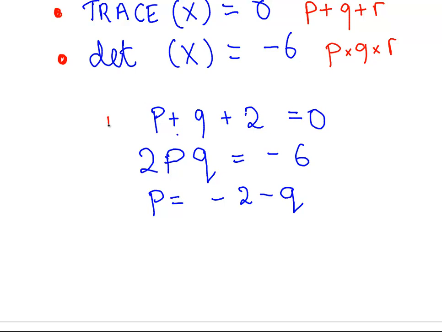So that's the first one, and this is the first one again, and I'm just going to go back to the second one here. So 2 times q, so that's minus 2 minus q, times q is equal to minus 6.